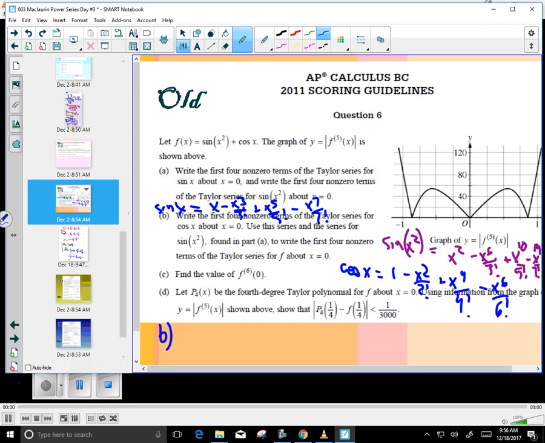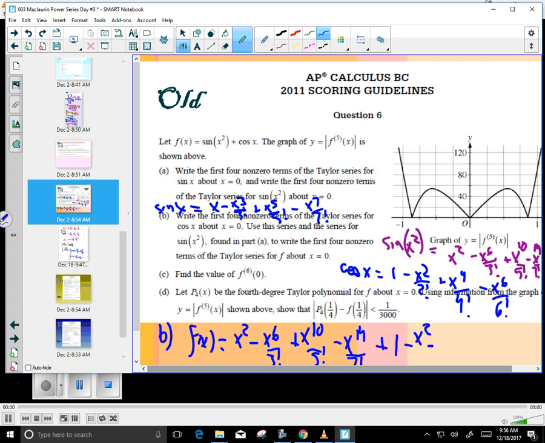So in part B, f of x is sine x squared, which is x squared minus x to the 6th over 3 factorial plus x to the 10th over 5 factorial minus x to the 14th over 7 factorial. Then we're going to add cosine x, which is plus 1 minus x squared over 2 factorial plus x to the 4th over 4 factorial minus x to the 6th over 6 factorial.